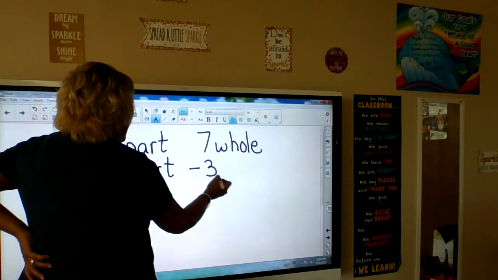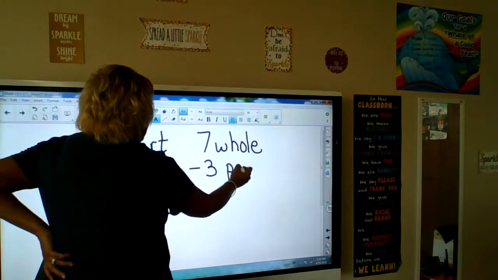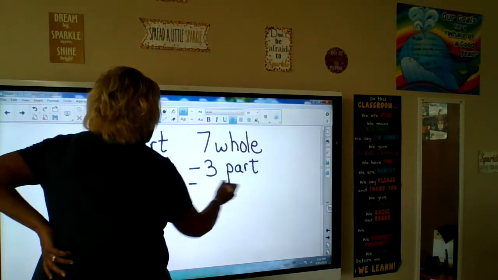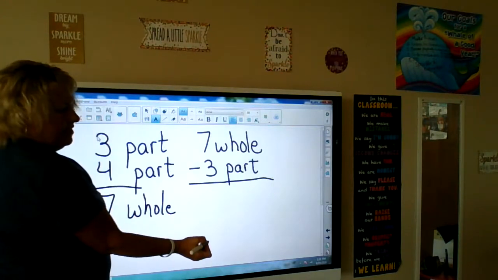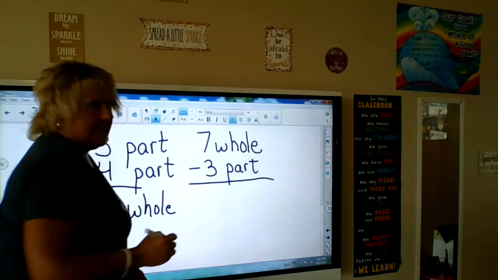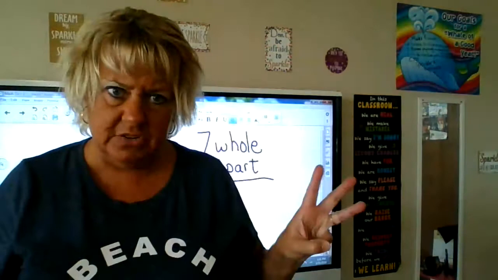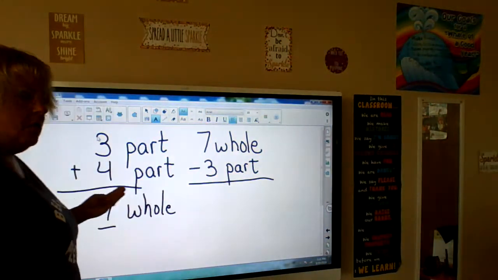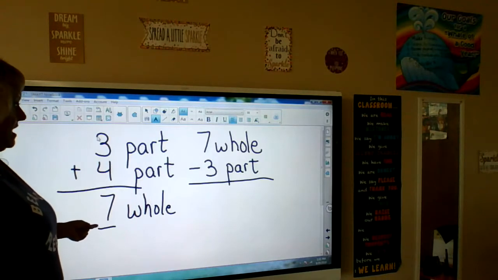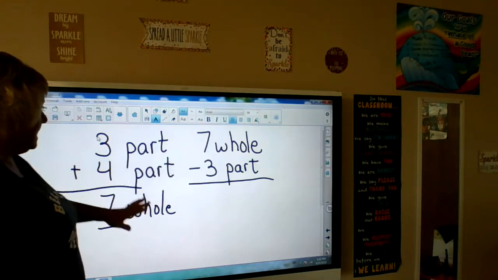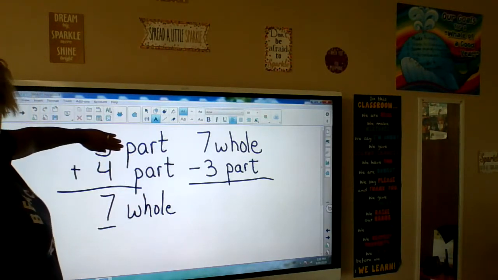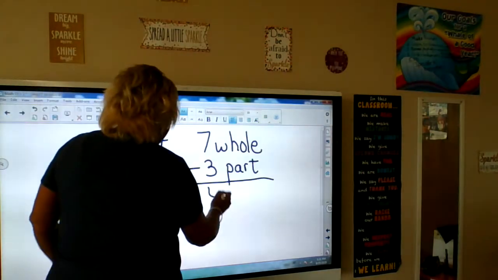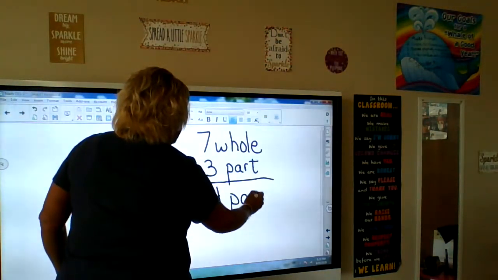If we take away the 3, which is a part of 7, what part am I going to have left? 7 take away 3. Well, I could use counters, or that's going to be a count back. Or I already know that 3 plus 4 is 7. So 7 take away the 3 is going to give me 4 as my other part.